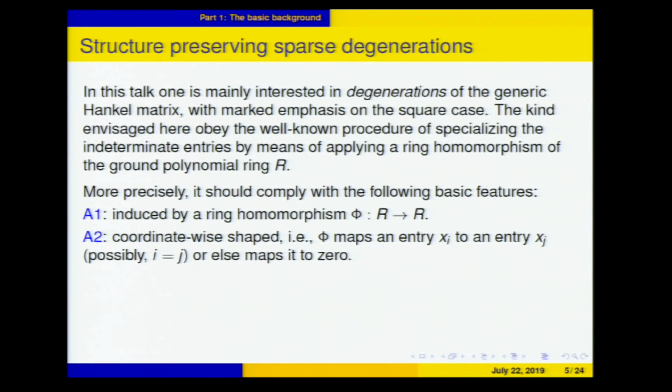This is the only possibility. This kind of degeneration was studied by other people some 20, 25 years ago, but with a different focus. And some of this you find also in the paper by Eisenbud, also with a slightly different focus.